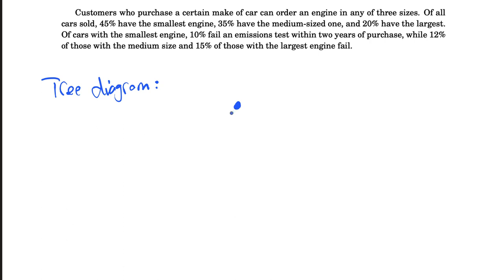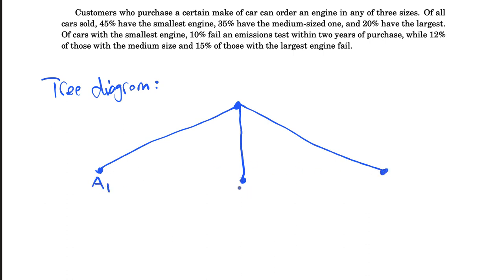So in this case, we need 3 branches because we have 3 engine types. So I'm going to have it here, maybe one in the middle, and maybe one there. And I'll use the same A1, A2, and then A3. Let me put these there since I'm going to draw branches down from these in a second.